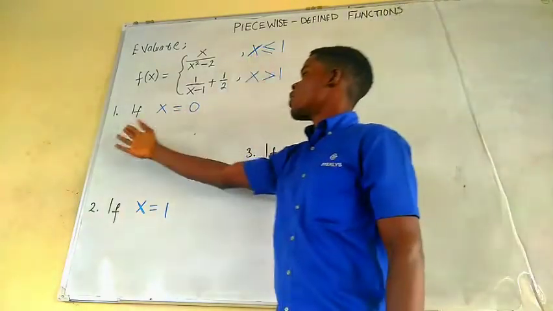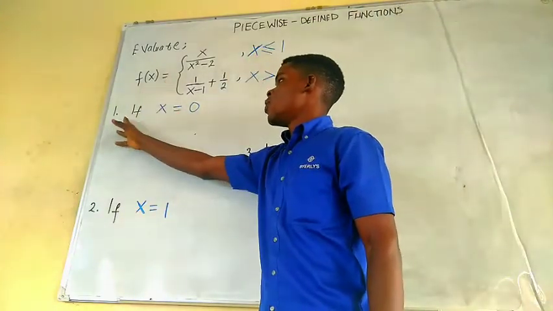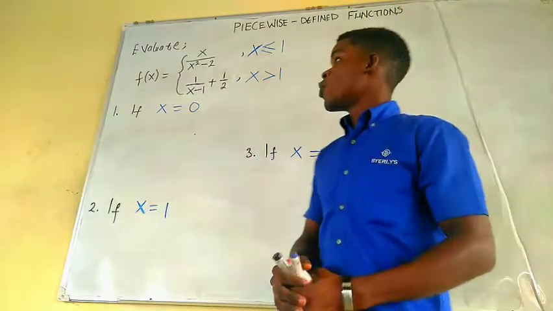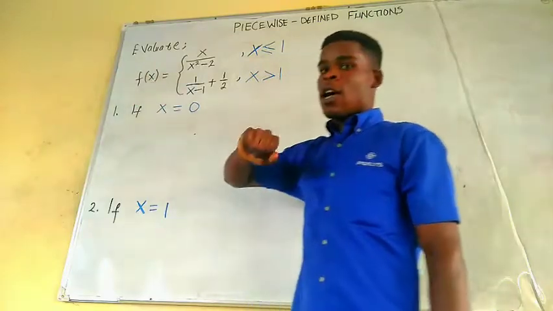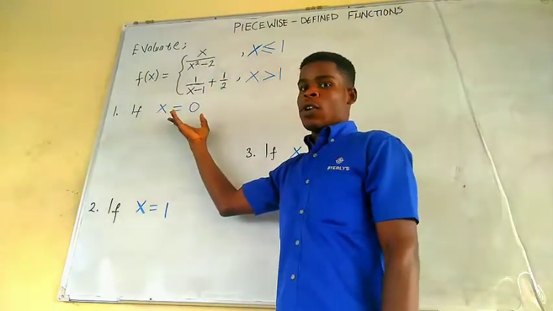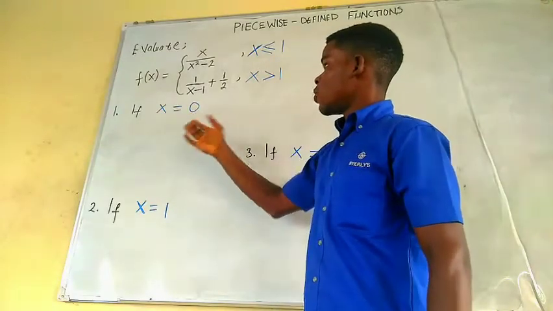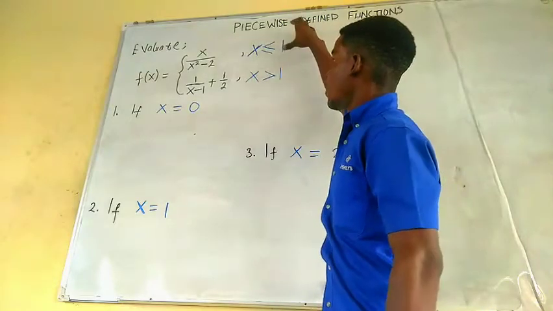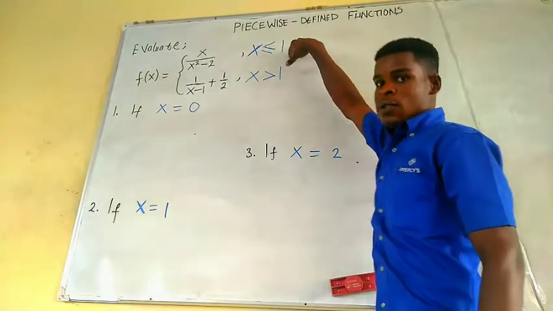So the question now is, you should evaluate this function if x is equal to 0. We're going to use the piecewise function f of x, but the two expressions don't both work. Only one of them works because of the domains of x listed here.